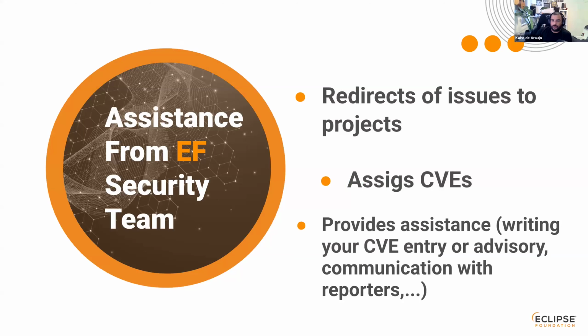Basically, what we do is redirect these issues to the project, assign the CVEs, request, reserve, and also publish them, but also providing assistance on writing the CVE, getting the correct classification for the CVEs, making sure that the communication is clear between the reporters and the security team from the projects. So it's going back and forth on that communication between the two sides, from the reporter, the project teams, and making sure that the CVE will have the best standards when published.